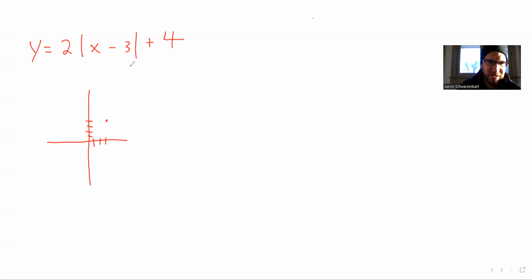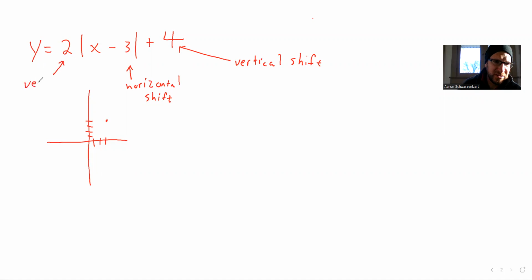Okay, we call this 3 our horizontal shift. We call our 4 our vertical shift. The 2 was known as our vertical stretch.